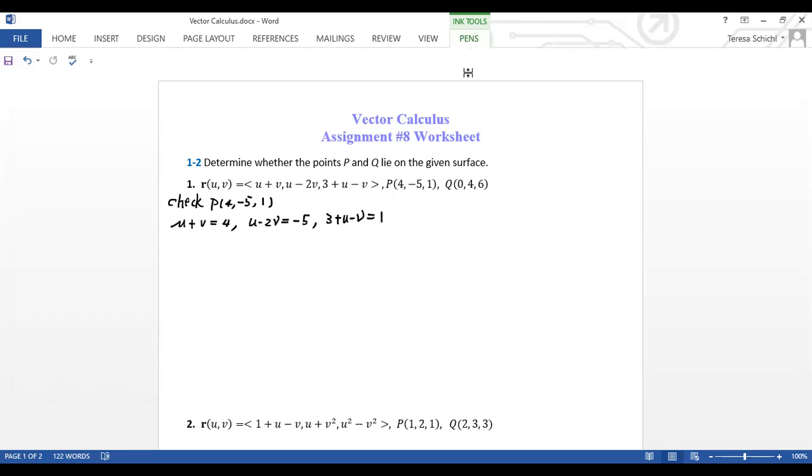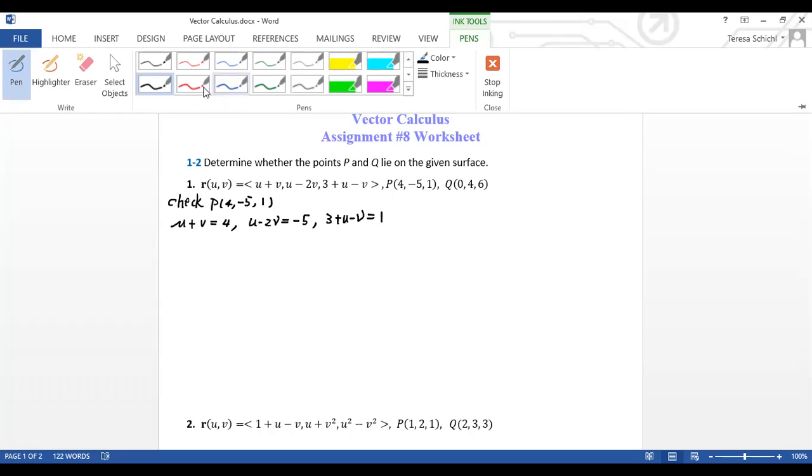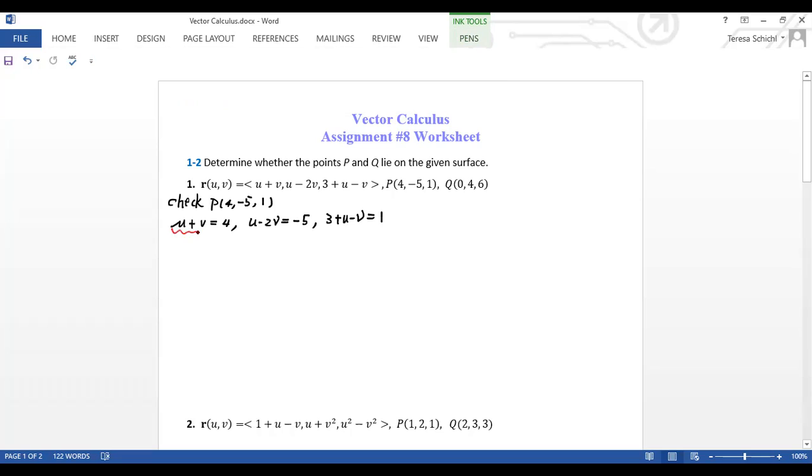Right now, what we need to do next is solve the equations.